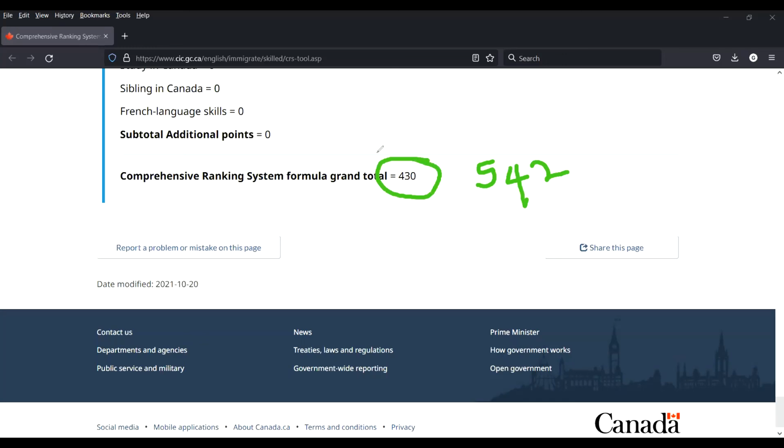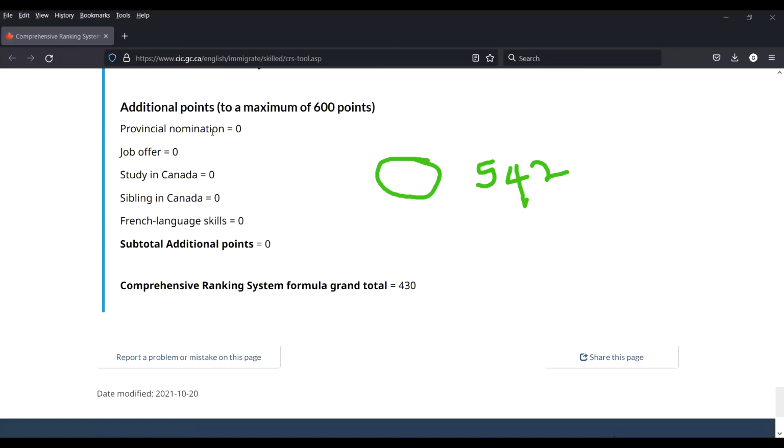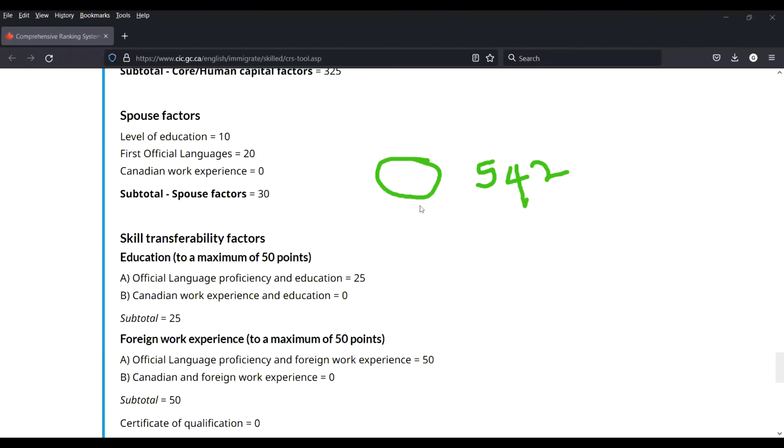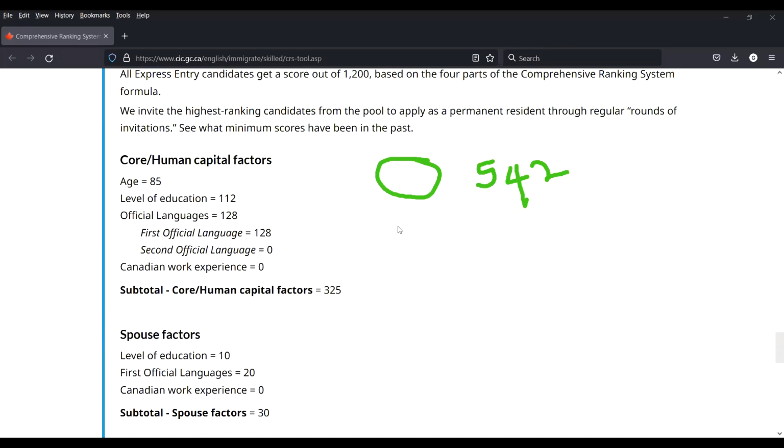So what this candidate needs to do is see how he or she can improve the score, and that can come from the areas where this candidate has 0.